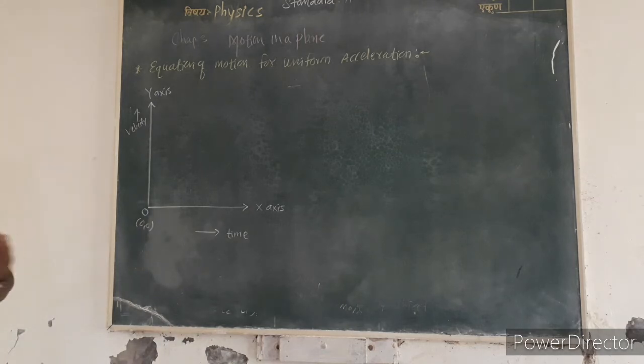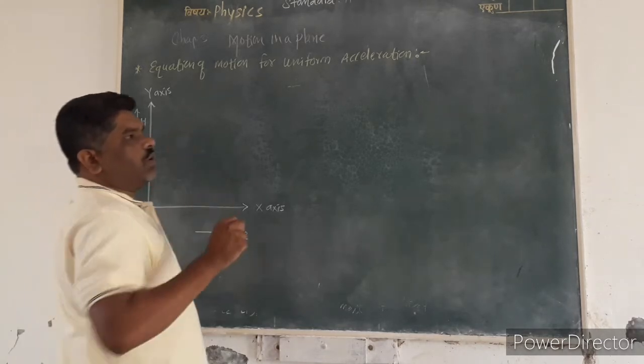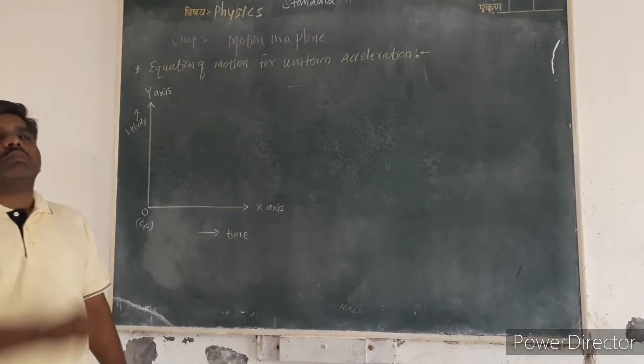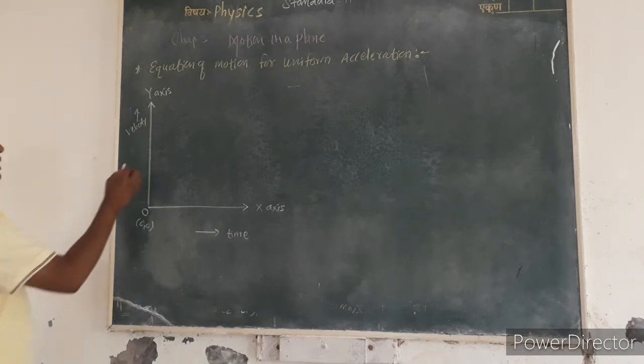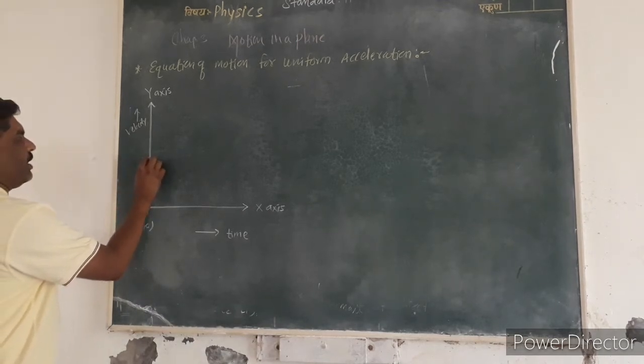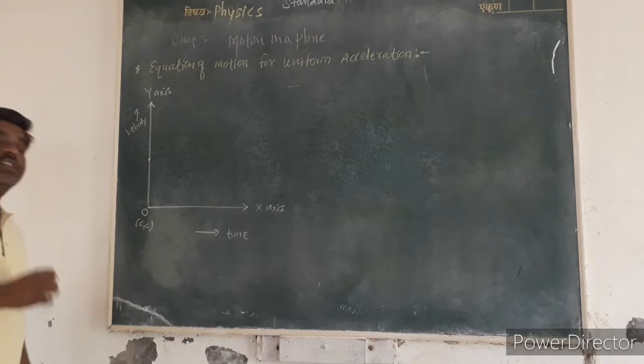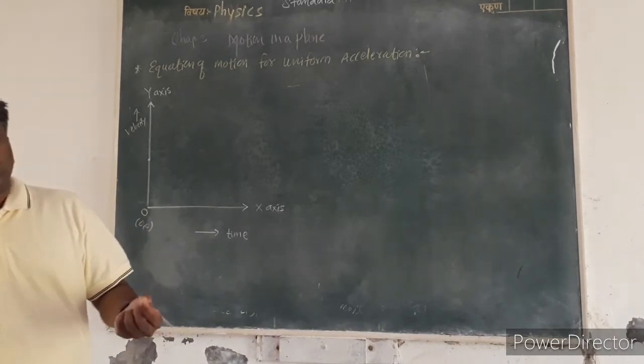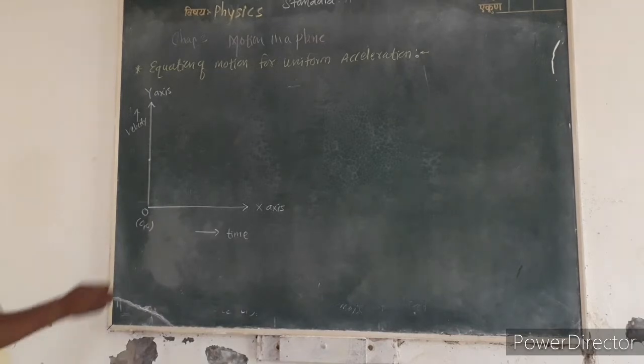If the motion of an object is with uniform acceleration, that is, its velocity increases. If acceleration is uniform, its velocity increases.